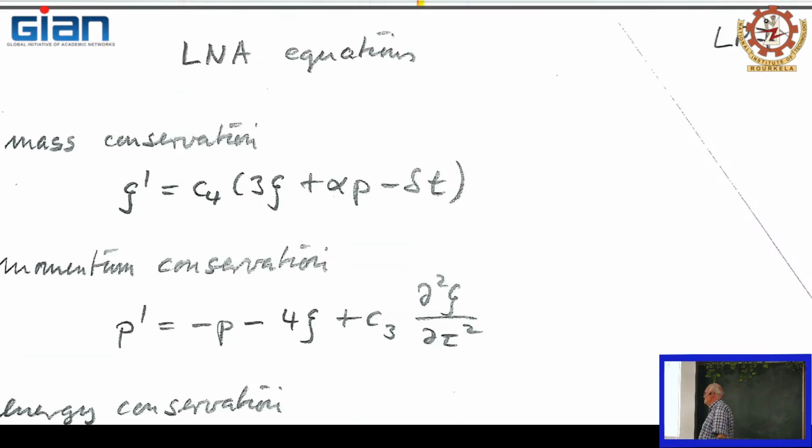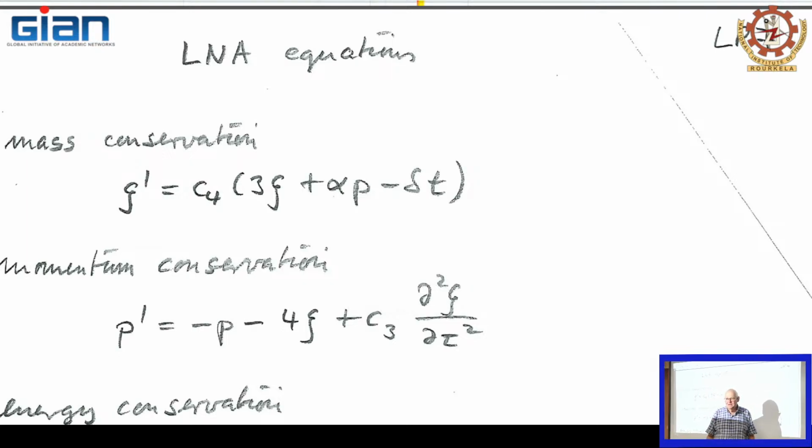Zeta dash is given by a dimensionless coefficient, which we call C4, times 3 zeta plus alpha p minus delta t. These are the coefficients of the equation of state. The 3 comes from the 1 over r cubed dependence of the mass conservation equation, and then there is the coefficient C4, which is given here in a dimensionless form.